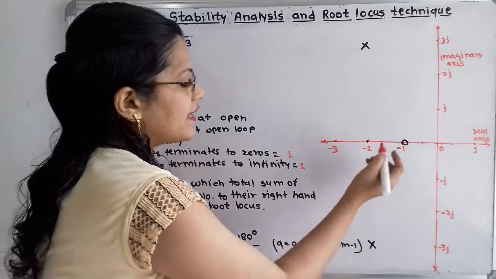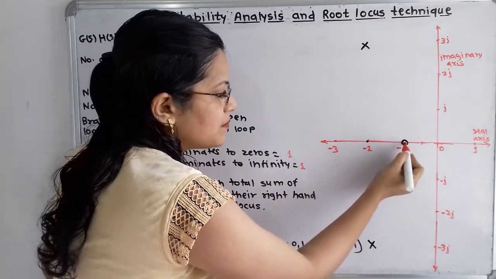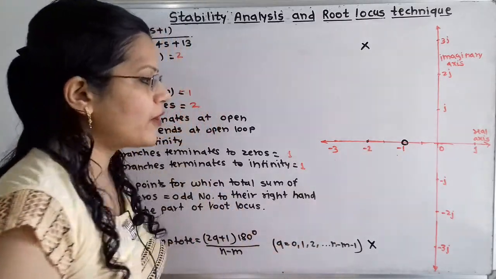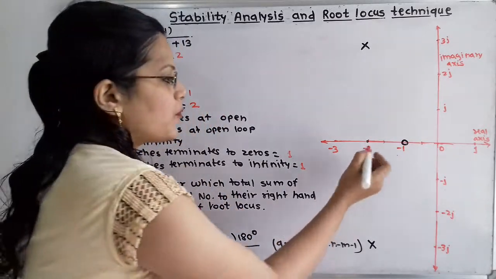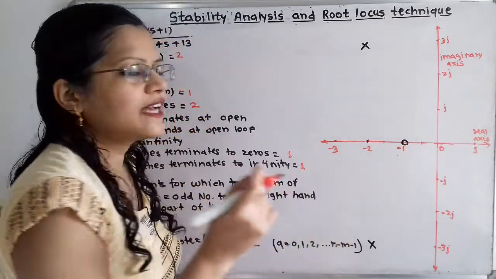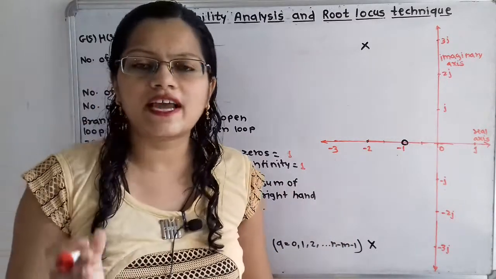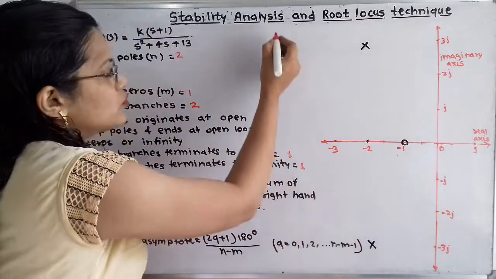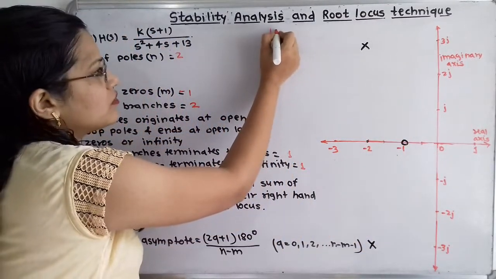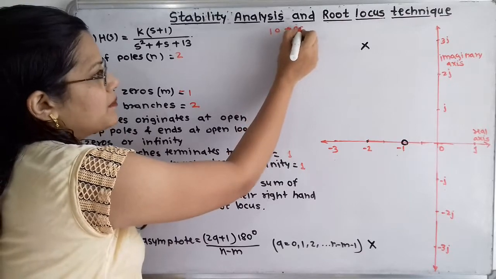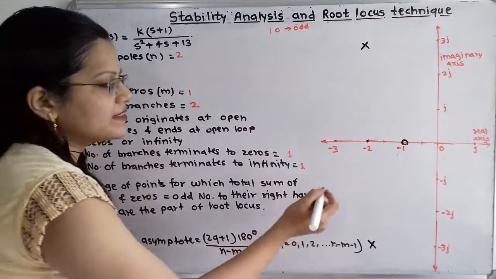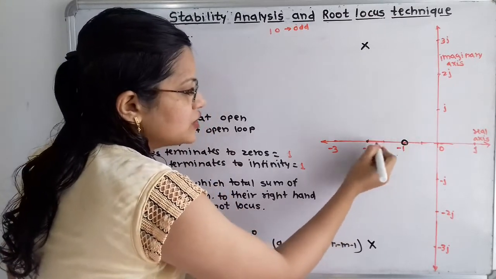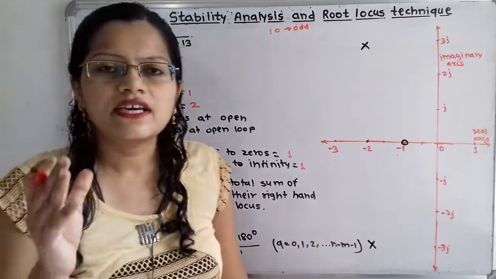Now if I take the range of points in between -1 and -2 and select one random point, then towards the right hand side, how many poles and zeros? Here only 1 zero is there. So 1 zero is an odd number. So we can say that in between -1 and -2 is part of the root locus.